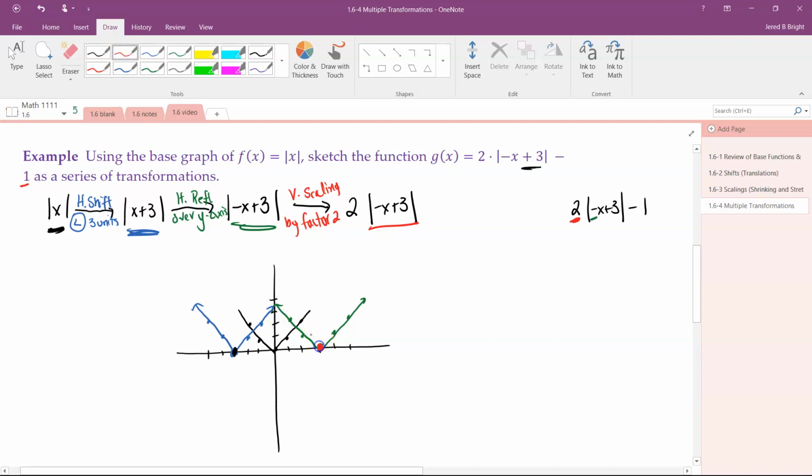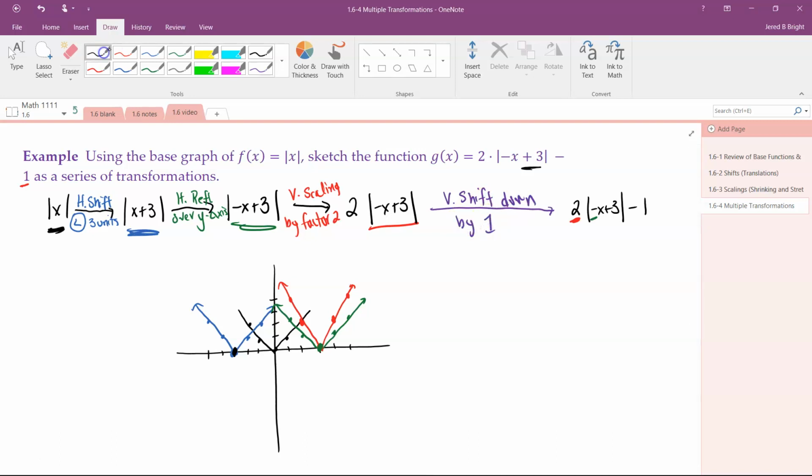So this stays the same, but this goes up to 2, as does this ish, and then this would go up to 4. So I get something that looks like that. Okay, and then let's see, so I've done everything but the -1. So, okay, then I have big long arrow, and then this is going to be a vertical shift down by 1.